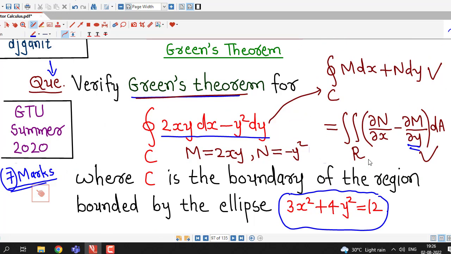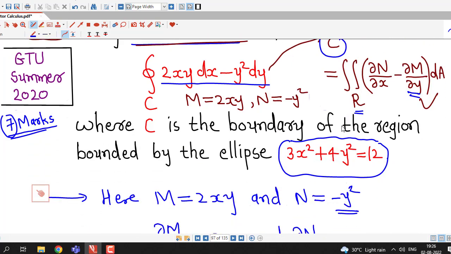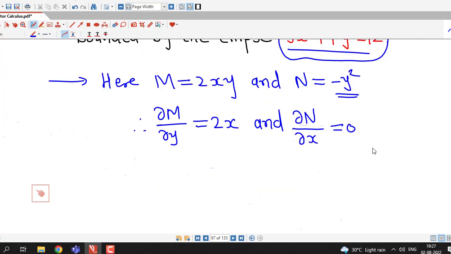And first we have to decide what our region of integration for the double integral is, and the boundary of that region is curve C. Here it is given that curve C is the boundary of the region bounded by the ellipse 3x square plus 4y square equal to 12. So first we rewrite this ellipse in standard form.